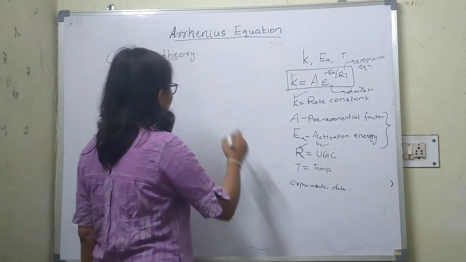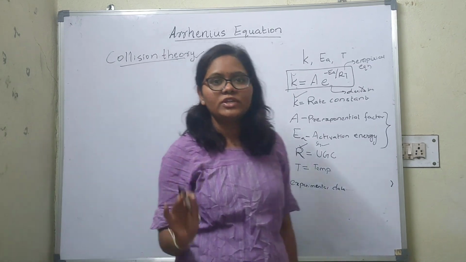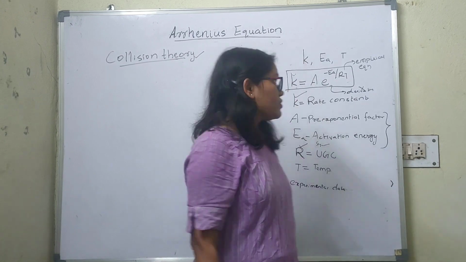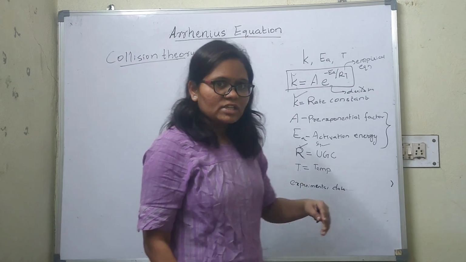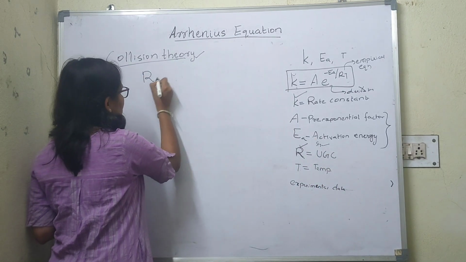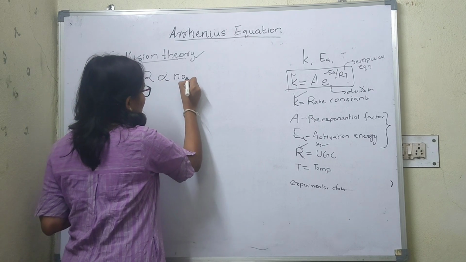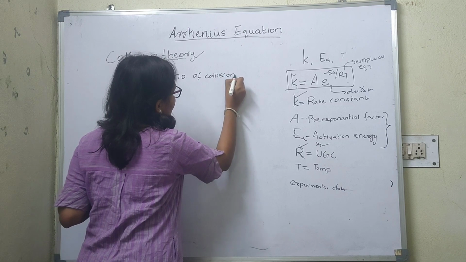So the requirement for any reaction to happen according to collision theory is that the molecules should collide with each other. So according to collision theory, rate of reaction is proportional to the number of collisions happening per second.